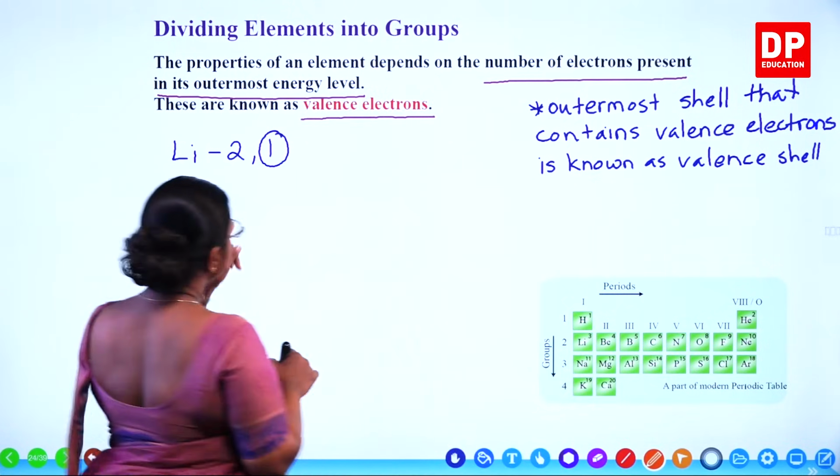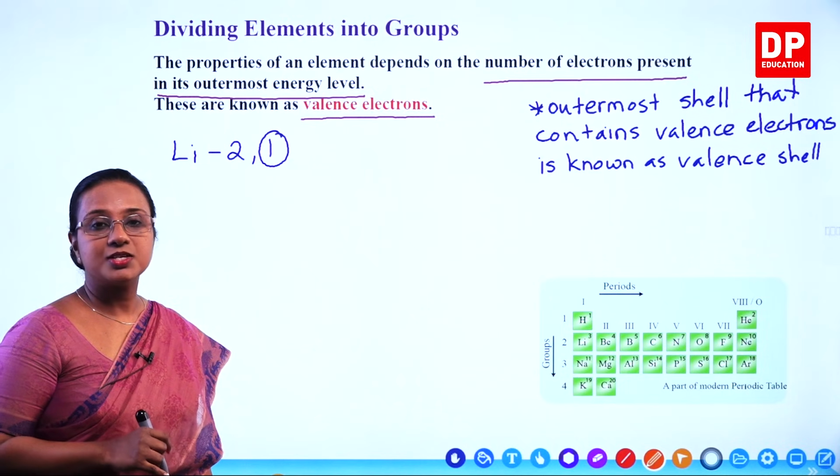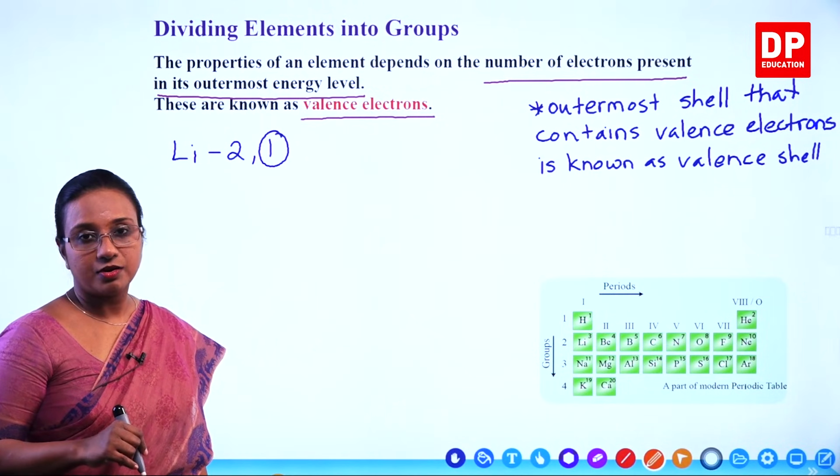So here you can see the valence shell has only one electron.